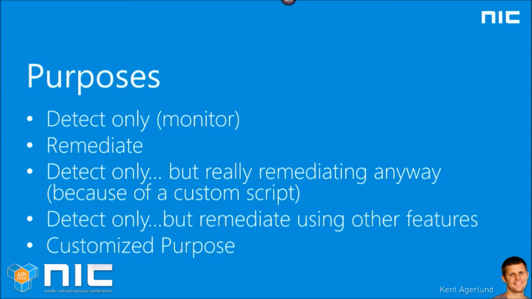But I could fix it. So for many of the scenarios that I have today, I will go in and remediate. So I will go in and change the registry key if it's not 1 and I want it to be 1. And then something strange, we can also do a detect only and then remediate without remediating. It sounds a little bit strange, but when you're doing a detect, you can run a script.